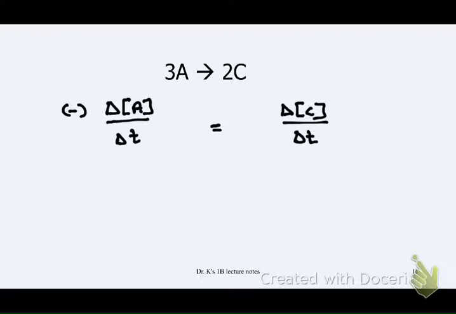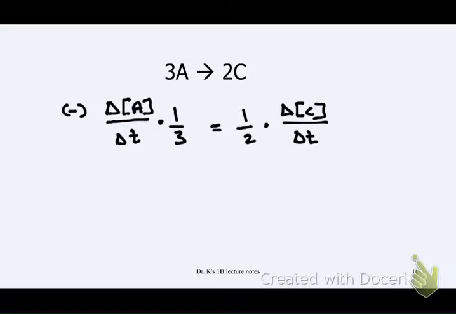Now, if three A's react, I get how many C's? I get 2, right? So those aren't exactly the same. And so if I want to relate this side to that side, I have to use the stoichiometric coefficients to take care of that. Okay? The simple way to do it is just to do it like this. And those two calculations give you the same number.